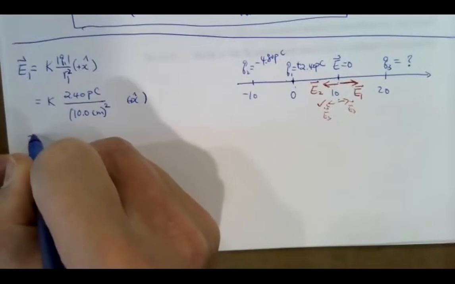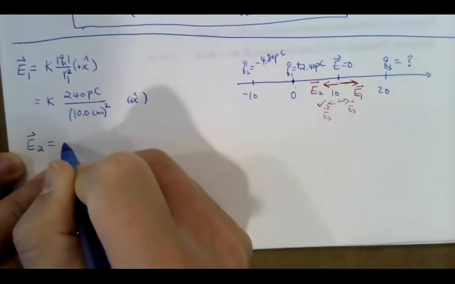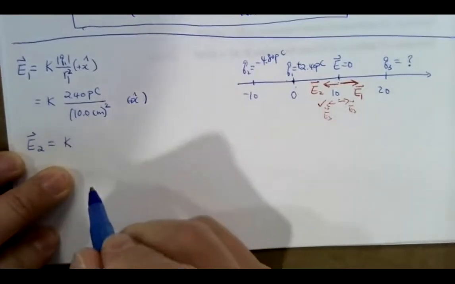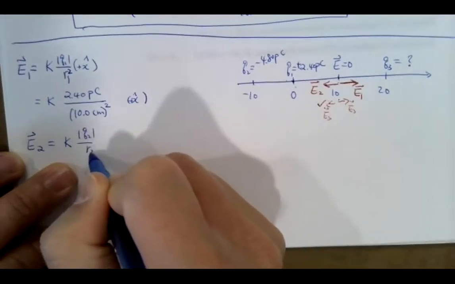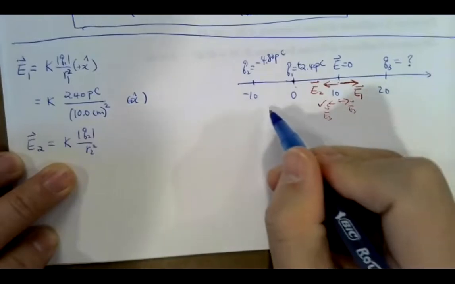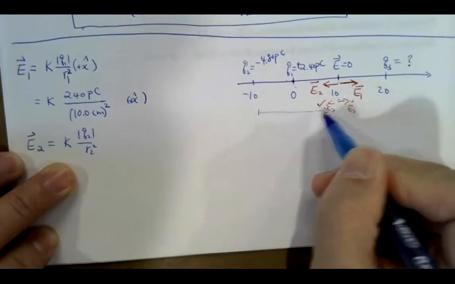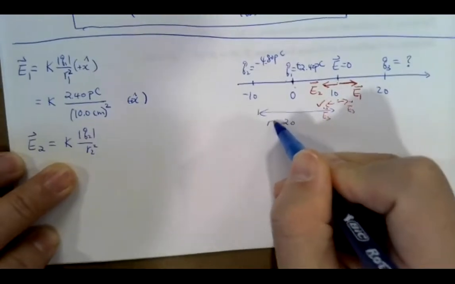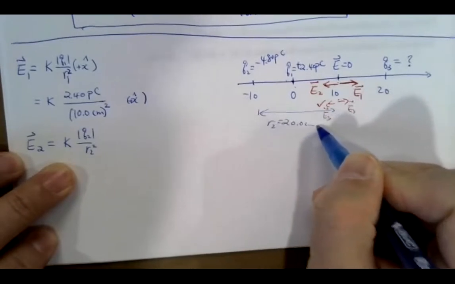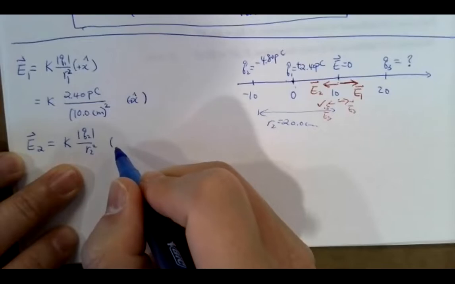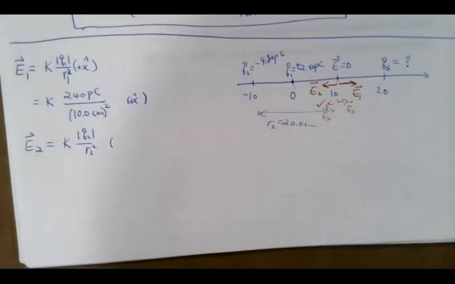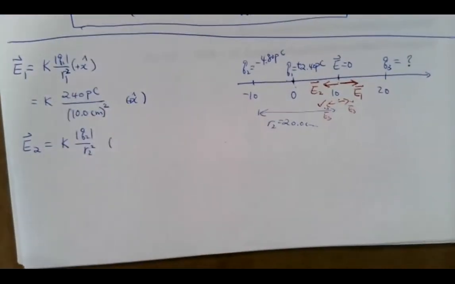Now you can write E2, which is similarly K times absolute value of Q2 over R2 squared. R2 goes from here to here, which is 20 centimeters.